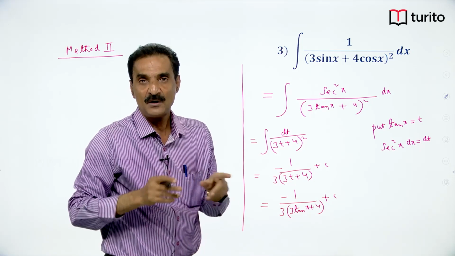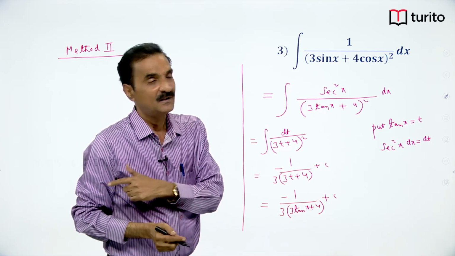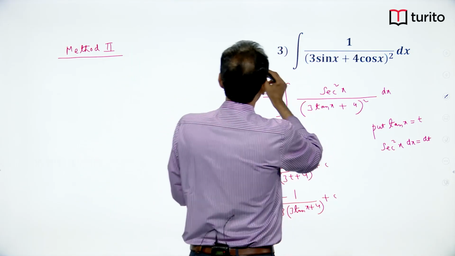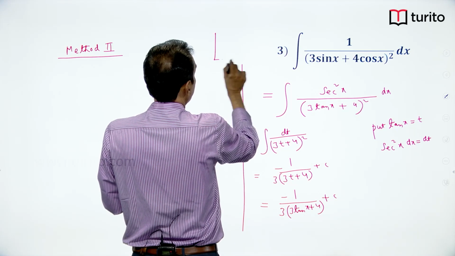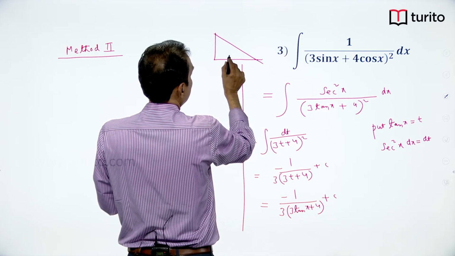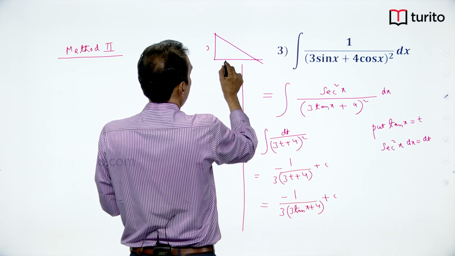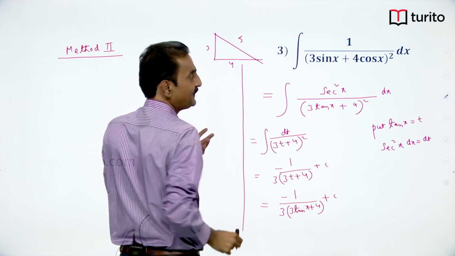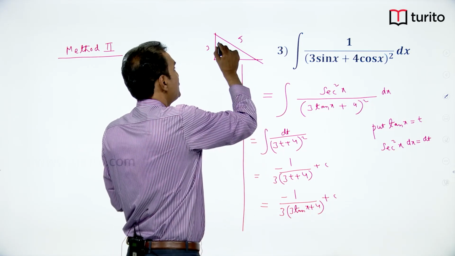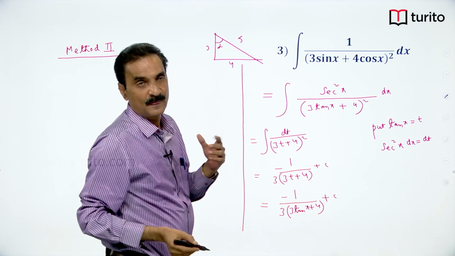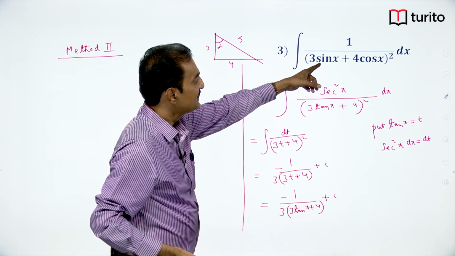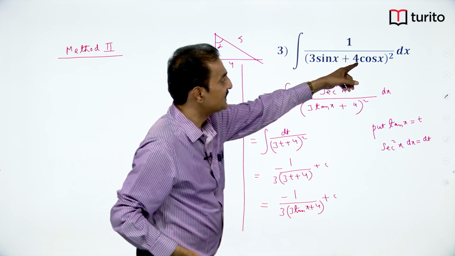How? I have already explained in the previous question. By constructing a right angle triangle with sides 3 and 4, hypotenuse will be 5. You take this angle as alpha, then it will be sin x cos alpha plus cos x sin alpha.